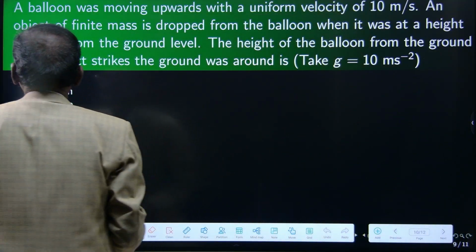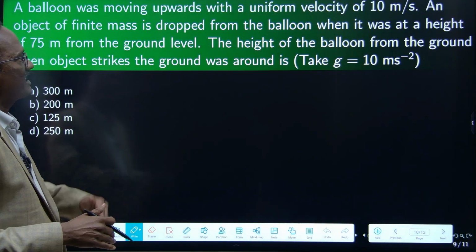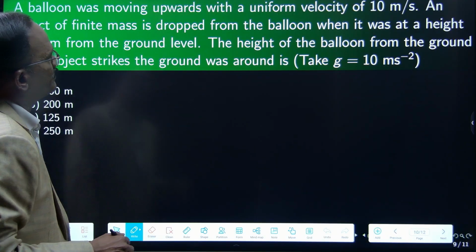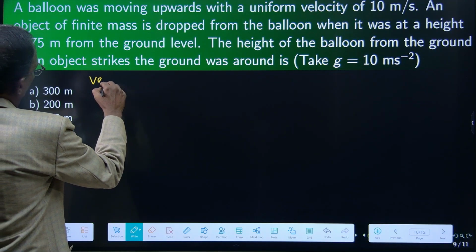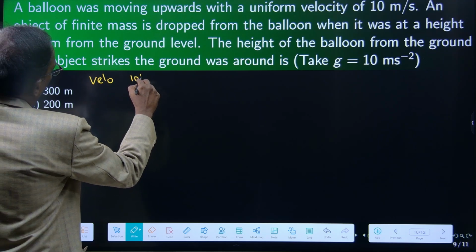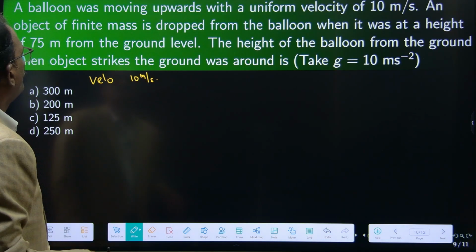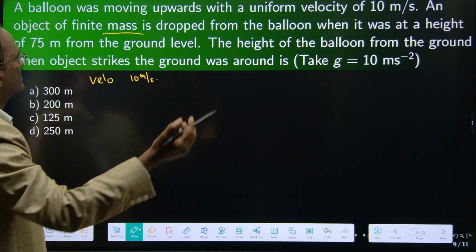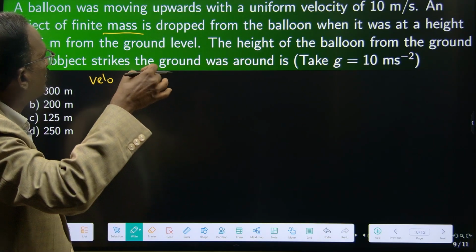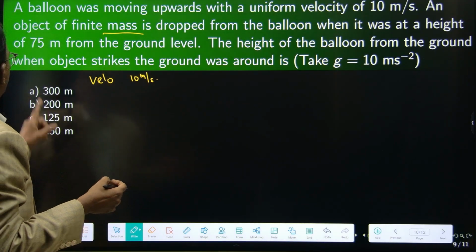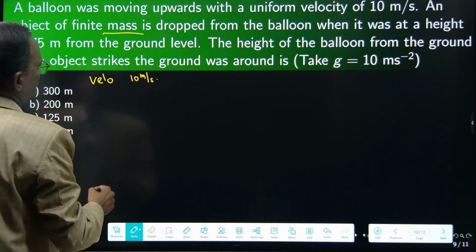Yes, next problem. A balloon was moving upwards with a uniform velocity of 10 meter per second. This is uniform. An object of finite mass, we don't consider, right? Finite mass is dropped from the balloon when it was at a height 75 meter from the ground level.